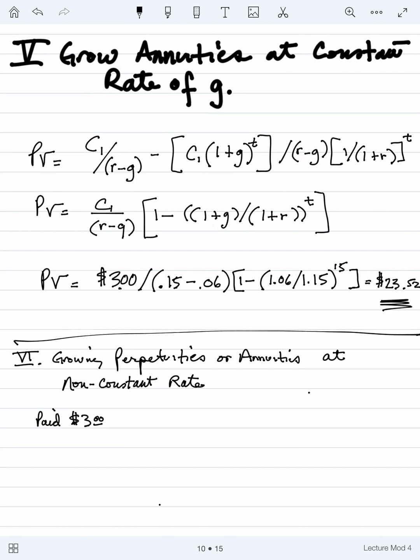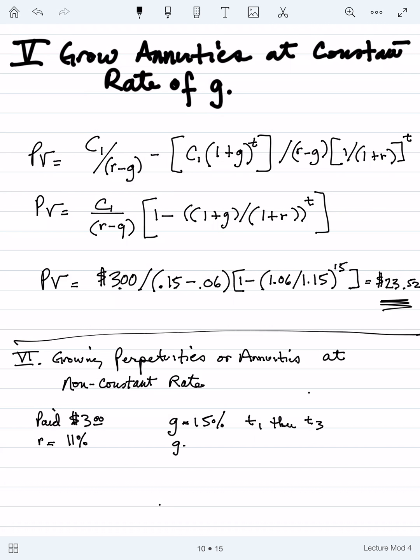Let's say the required rate of return is 11%, and you expect the growth to run at different rates across time. Maybe it's going at 15% in years T1 through T3.